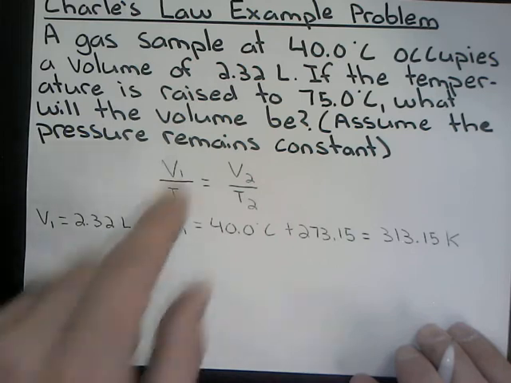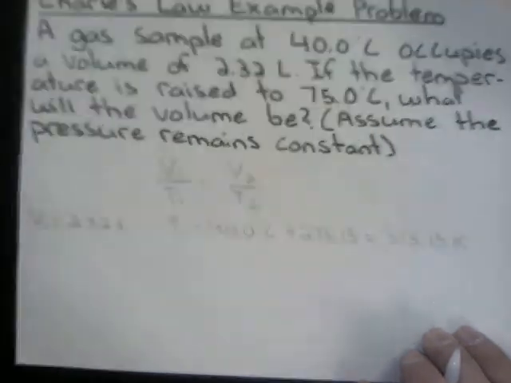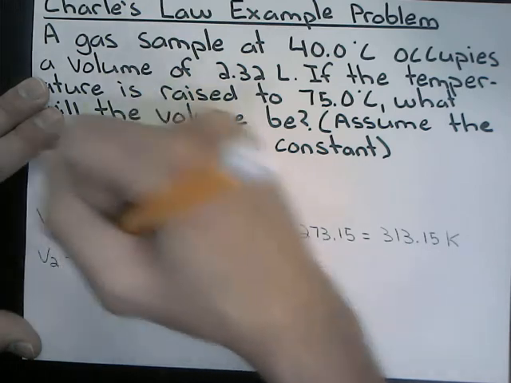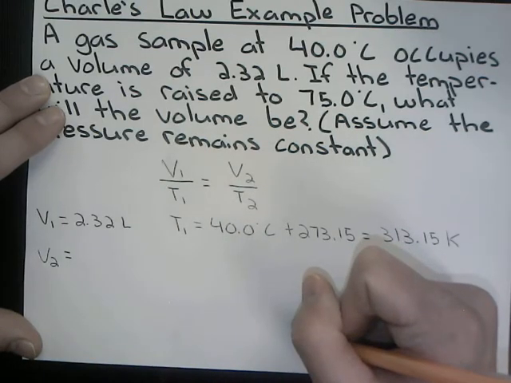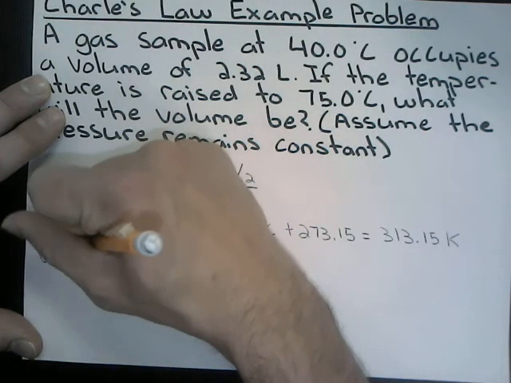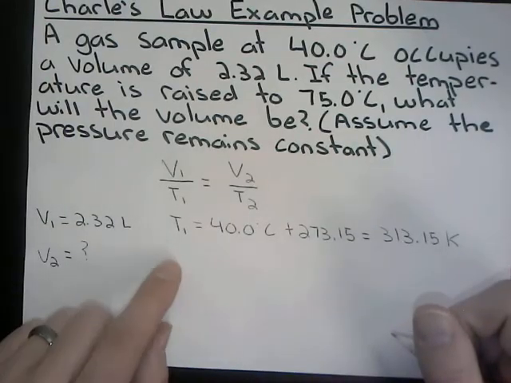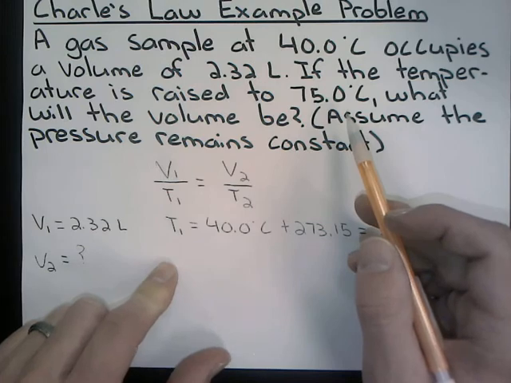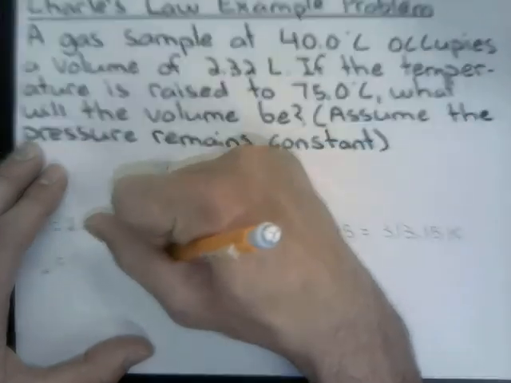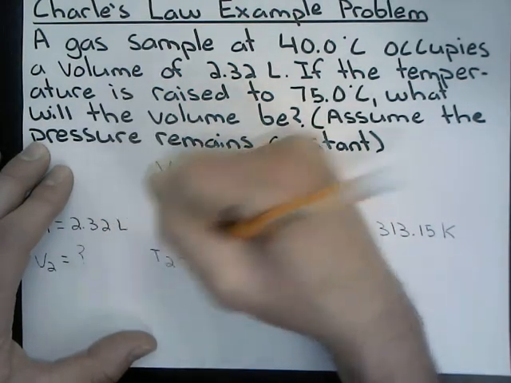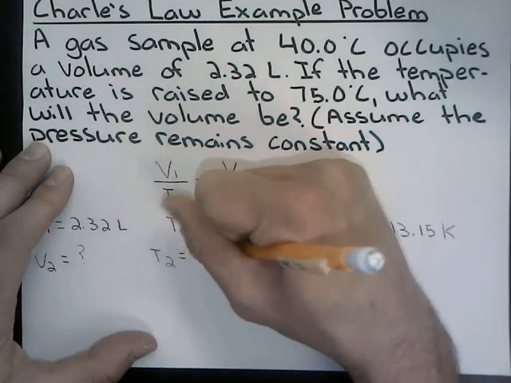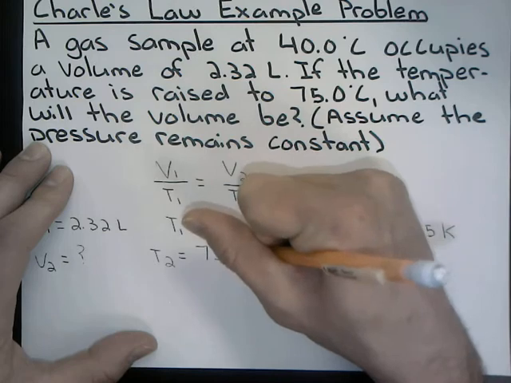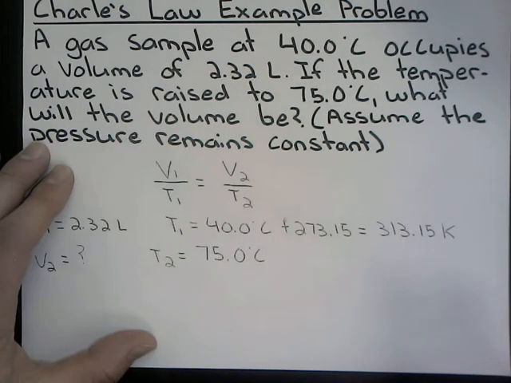And so our volume is what we're trying to find here. And our V2 in this case is going to be our question mark. And then our second temperature that we raised it to is 75 degrees Celsius. Again, we run into this problem where we have degrees Celsius and we need to convert it to Kelvin.